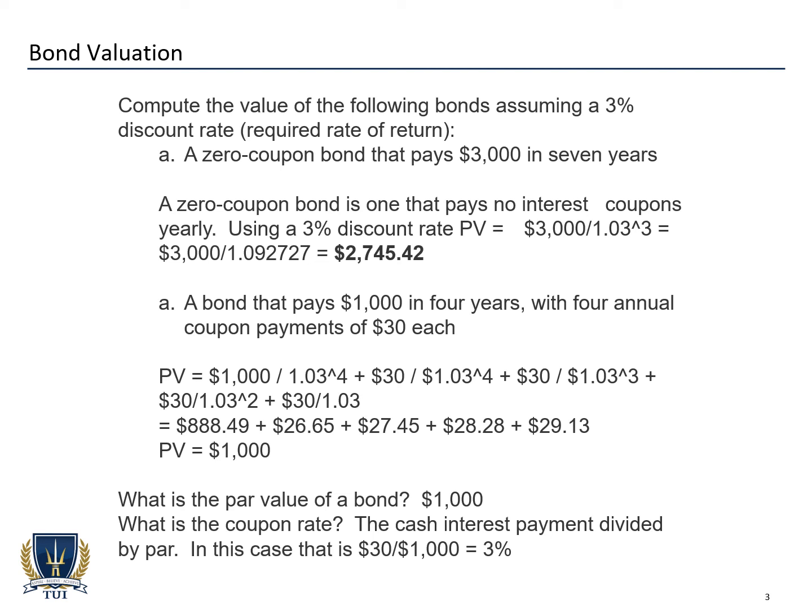The actual cash interest payment is $30 cash per year. It's 30 divided by 1,000. That's 3%. Par value doesn't take into account any amortization of original issue discount or anything like that. It's just the cash payment divided by the face value, the par value.